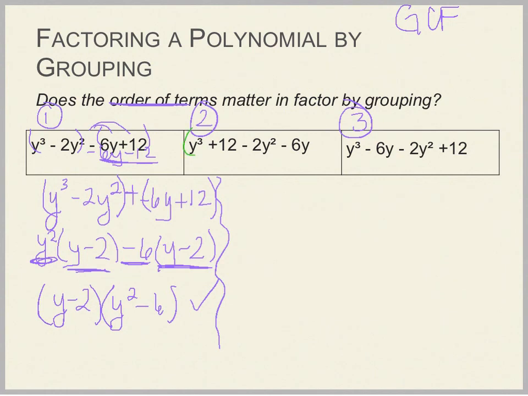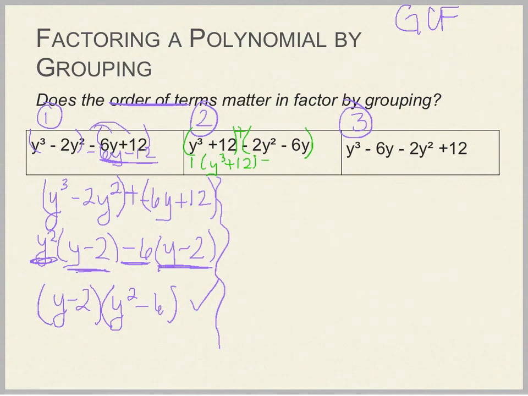In example 2, I'd group my first two terms. I'd sneak an addition sign in there, knowing that my third term is negative. So looking to factor by grouping, I take out what is common in my first two terms, which is the greatest common factor of 1. Now don't discard that; something with the greatest common factor of 1 can still be factored. Let's continue this. Then, looking at my greatest common factor of negative 2y squared minus 6y, I could either take out a 2y or a negative 2y.